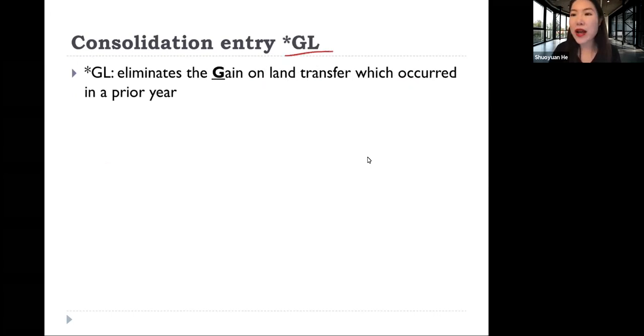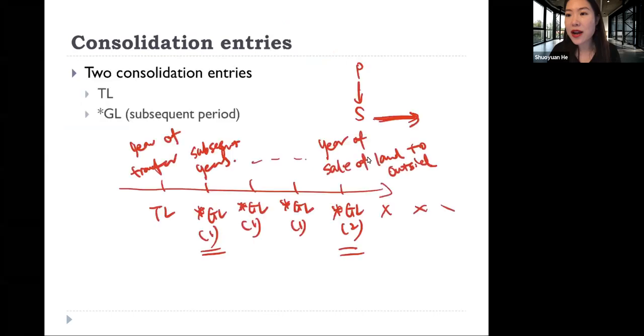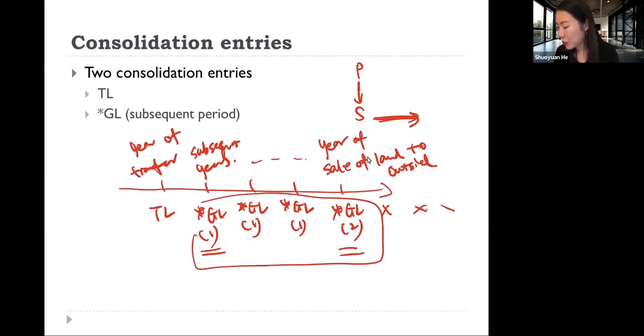For the *GL entry, subsequent entries are just referring to the same transaction.